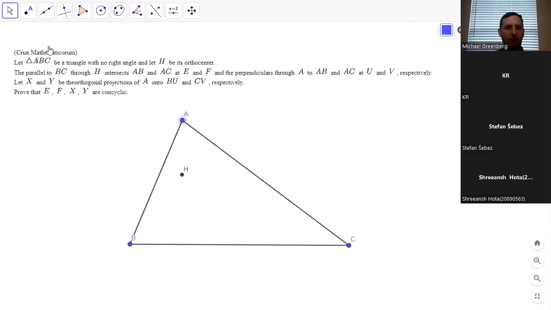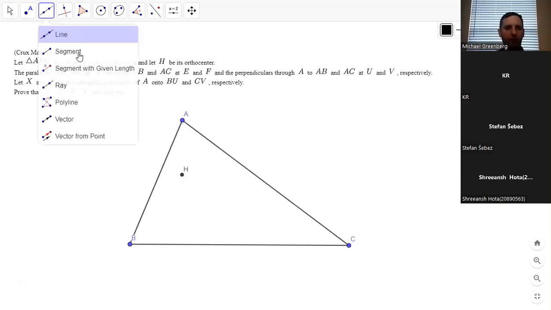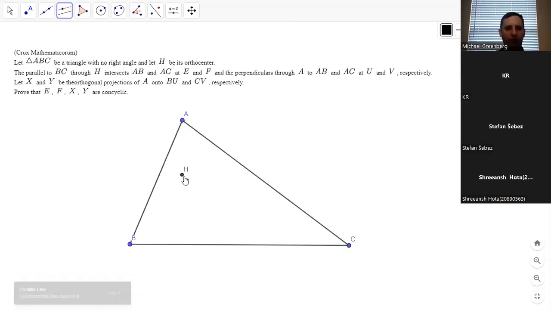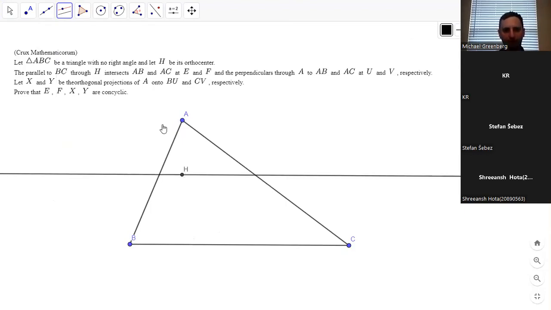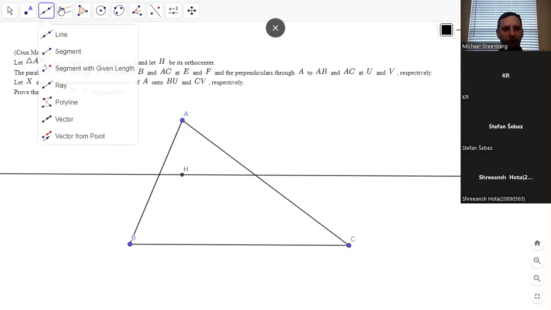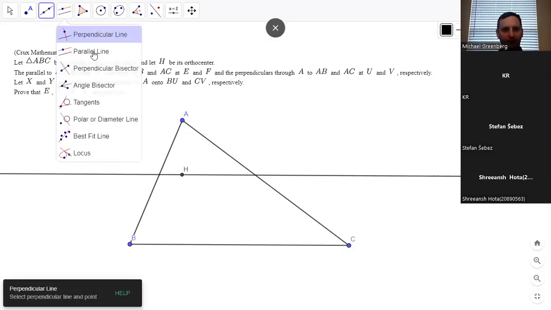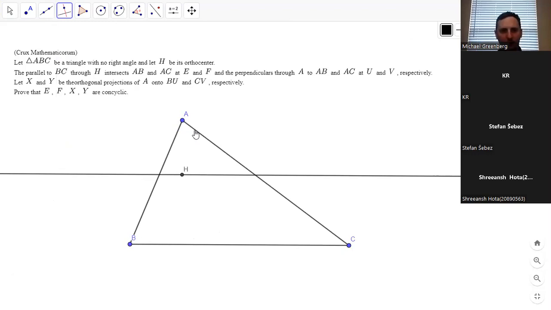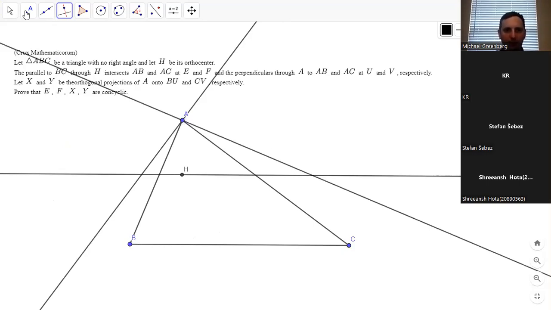And we draw the parallel to BC through H. And then this actually feels a little familiar. Yeah, we want to draw the perpendiculars to AC and AB. And yeah, so we label these 4 points.